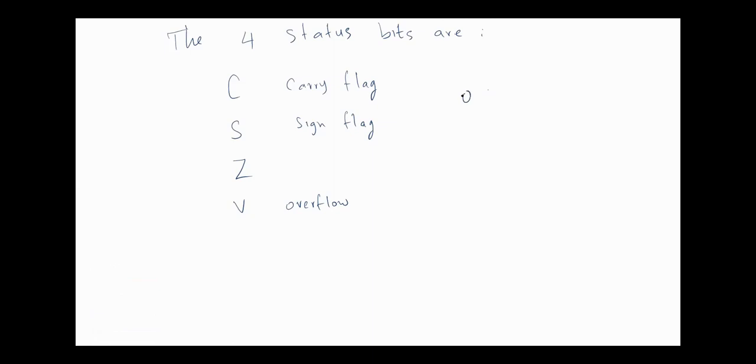Suppose, for example, we have the two unsigned numbers and we are adding them 1, 1, 1, 0. So here the carry flag is 0. We haven't carry. The sign flag is 0. The Z flag is 0 since the result is not 0 and we haven't overflow.